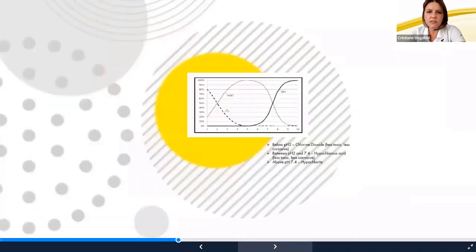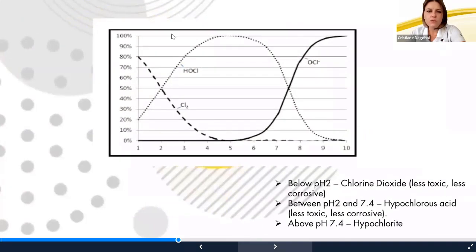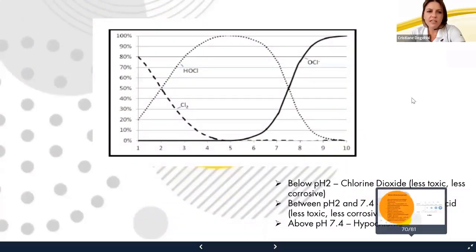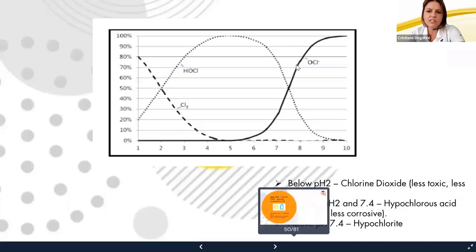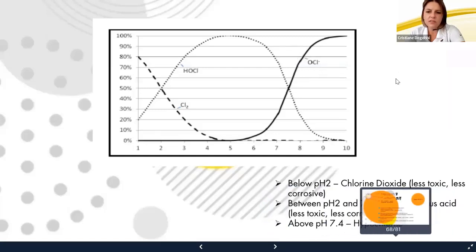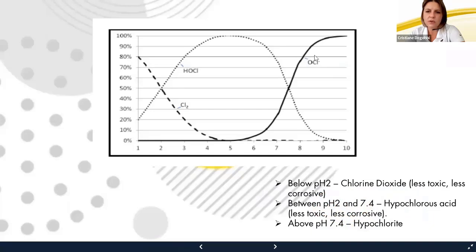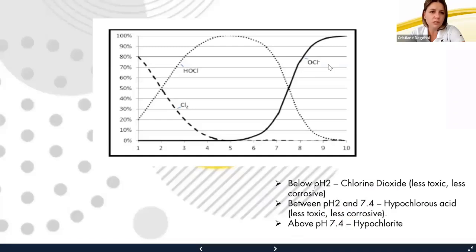When we use bleach, we know that we can damage fabric, you can bleach fabric, and so on. This is because of the hypochlorite ion here, okay? This one is going to be the one responsible for that.